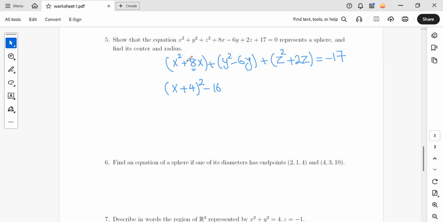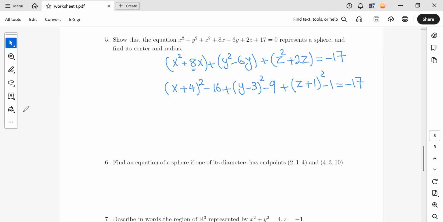This is the trick when you want to write the given expressions as a square. Plus, what about this one? Same trick: (y minus half of 6, which is 3) squared, always minus here, and 3 squared would be 9. And the last one, same trick: (z plus half of this number, which is 1) squared minus 1 squared, which is 1, equals negative 17.